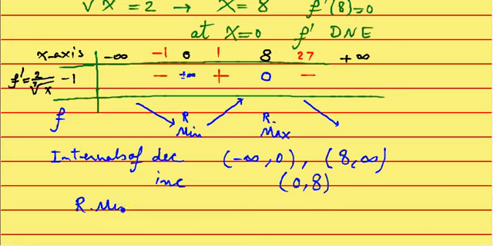Relative min happens when x is 0, which obviously, remember our function was y is equal to 3 times x to the power of 2/3 minus x. So when x is 0, y is obviously 0. When x is equal to 8, what happens? 8 cube root of that is 2, square of that makes 4. 4 times 3 is 12.